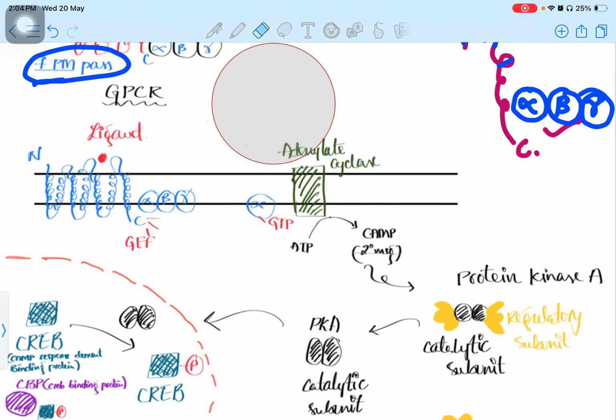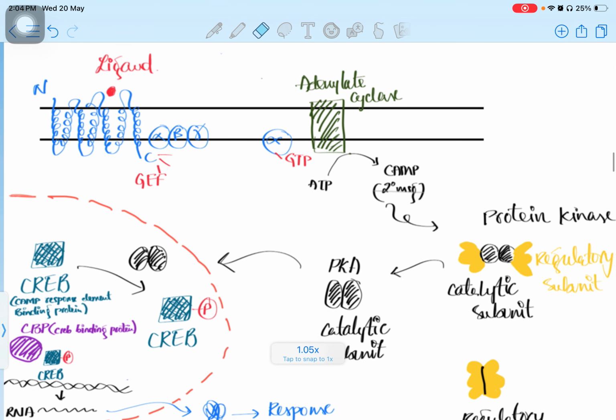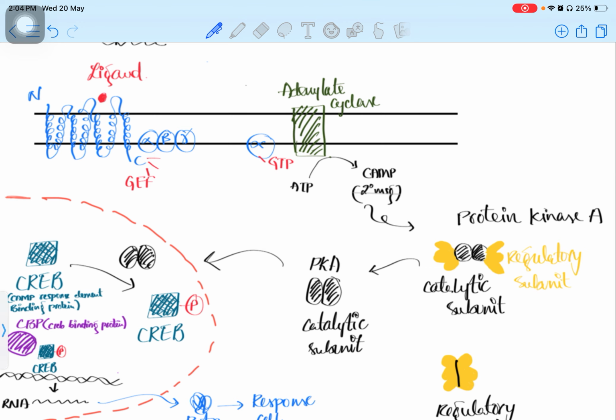Now we need to know more about GPCR signaling, how the function happens inside the cell. Whenever the receptor, the GPCR, binds with the ligand, only then does the activation process happen, otherwise nothing happens. The ligand comes and binds on the GPCR.